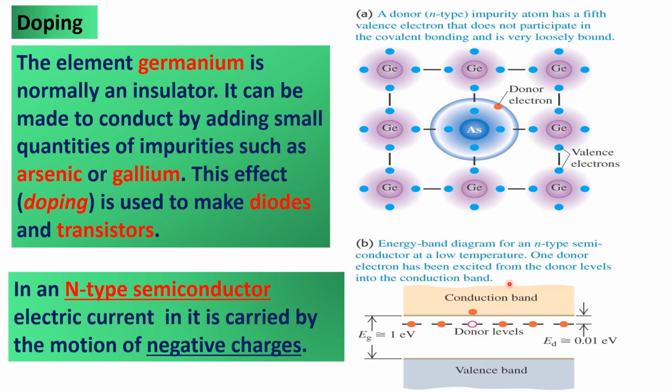But in this case, since the impurity is a donor, we are talking about an n-type semiconductor, in which case electric current is carried by the motion of the negative charges. The negative charges meaning the electrons themselves, just like in a typical ordinary conducting metal such as copper.